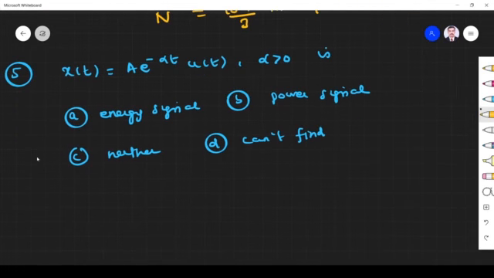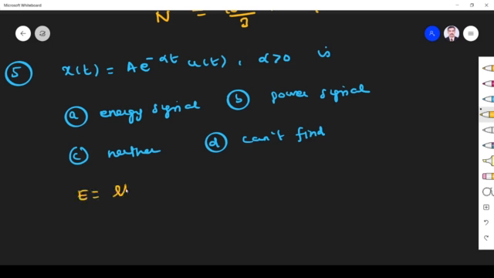Next one, x of t is equal to a e power minus alpha t u of t, where alpha is greater than 0. Is it energy, power, neither or both? Okay. So what is the thing? First we have to find energy. Energy is given by limit T tends to infinity, integral from minus T to plus T, x of t squared, which I write as a squared e power minus 2 alpha t dt, right?